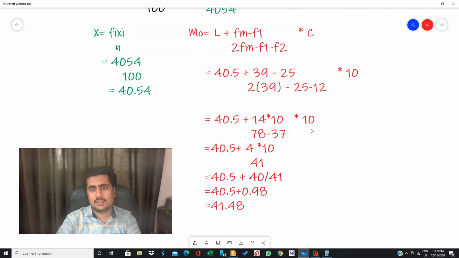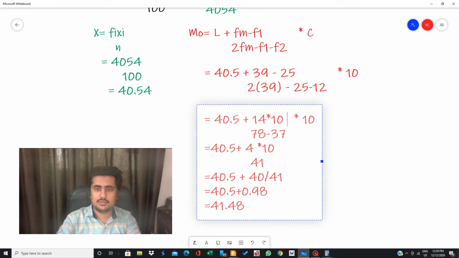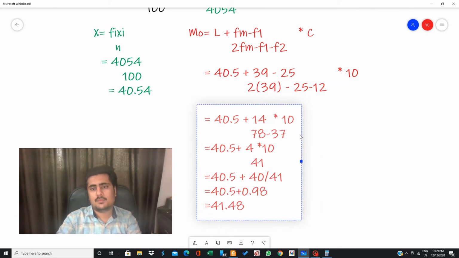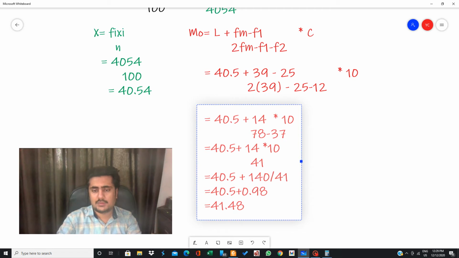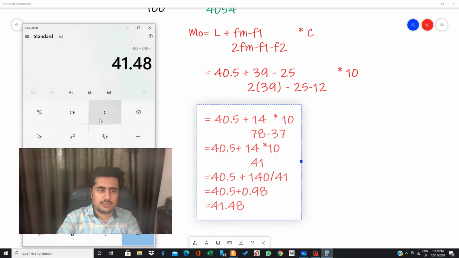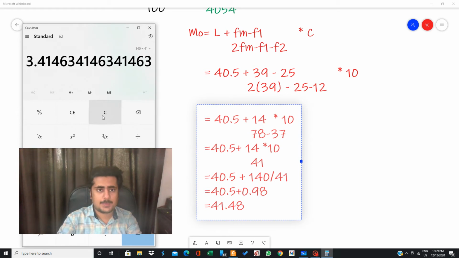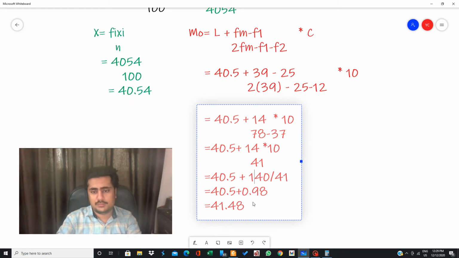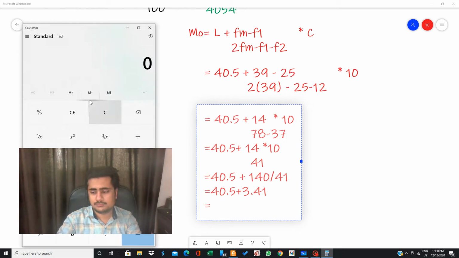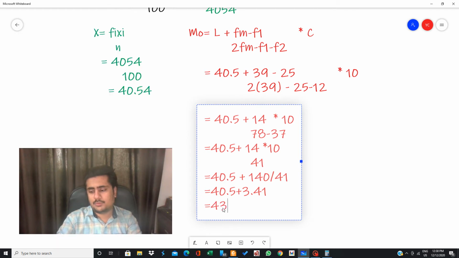It is 39 minus 25, that is 14. 14 into 10, it should be 140. Now 140 upon 41 is 3.41. So it's 43.90.